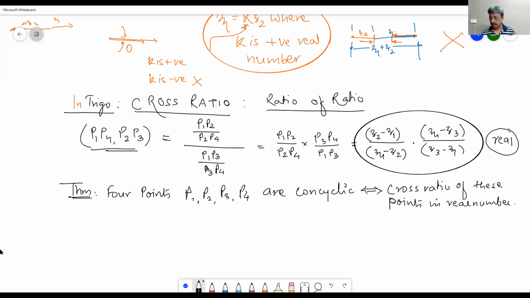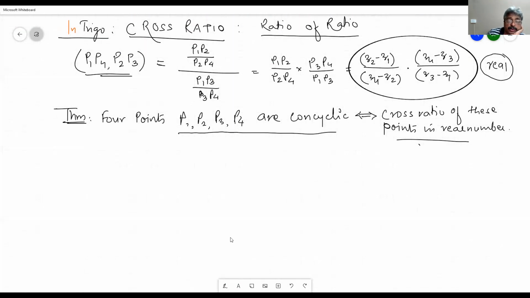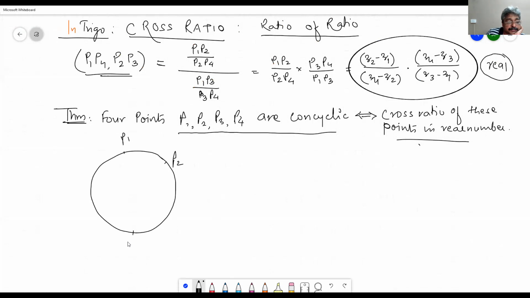Okay, so let us do it from geometry to algebra first, and then come back from algebra to geometry. So this is geometry, LHS, and this is algebra. Okay, so move. Suppose we have 4 points which are concyclic. And suppose we consider this cross ratio, whatever we have written.